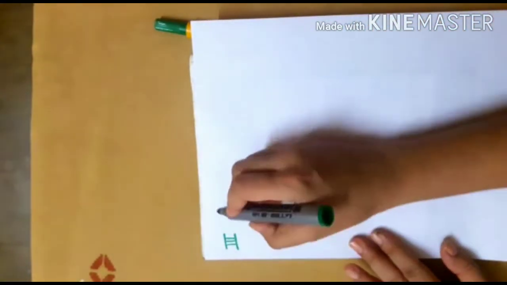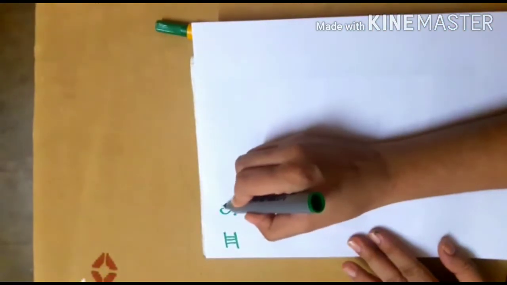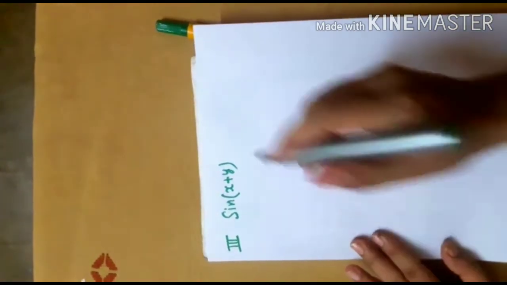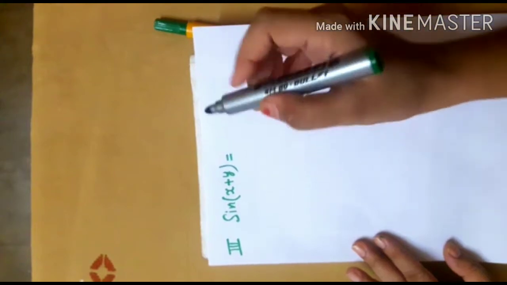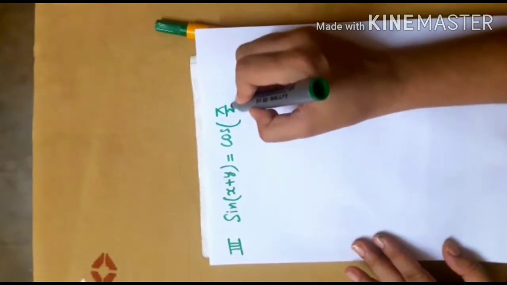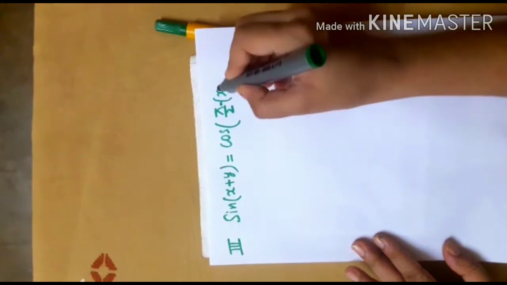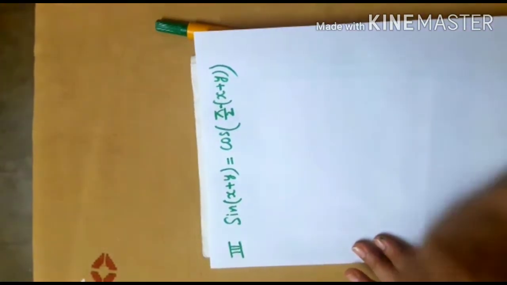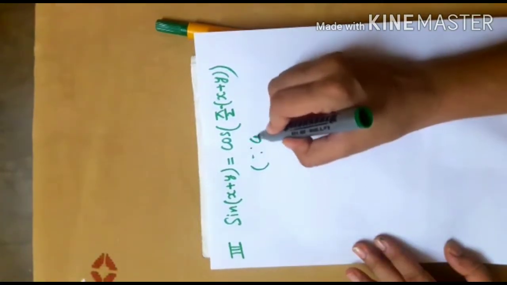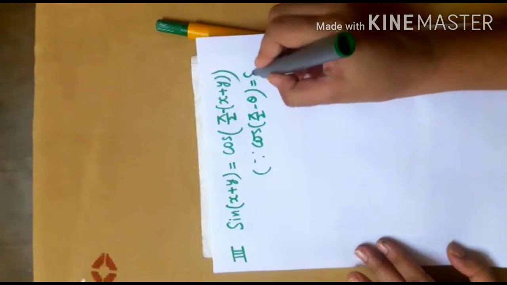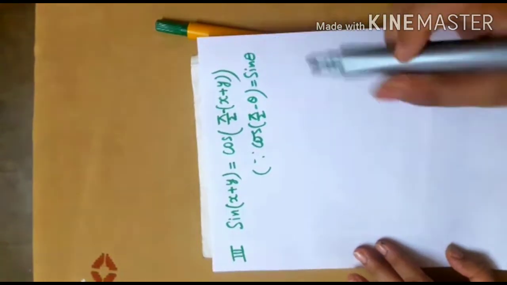Now third identity, I want the expression for sin(x plus y). Can I write this as cos of (pi by 2 minus (x plus y))? Yes, because cos(pi by 2 minus theta) is equal to sin theta.